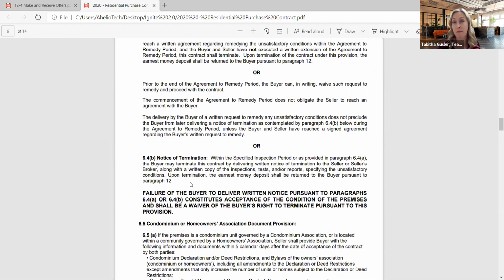If not, if you're ever going to add any language, just write it in plain English, right? We're not attorneys. Write it in plain English and refer to the attorney language that's already there. Don't rewrite stuff that's already there. Reserve all rights in 6.4B. 6.4B is notice of termination, which means if there's a non-negotiable in the inspections, something that they just cannot live with, like the roof is going to need replaced tomorrow, the foundation needs $20,000 worth of work, or there's mold in the HVAC system, whatever it might be, then they can terminate their contract.